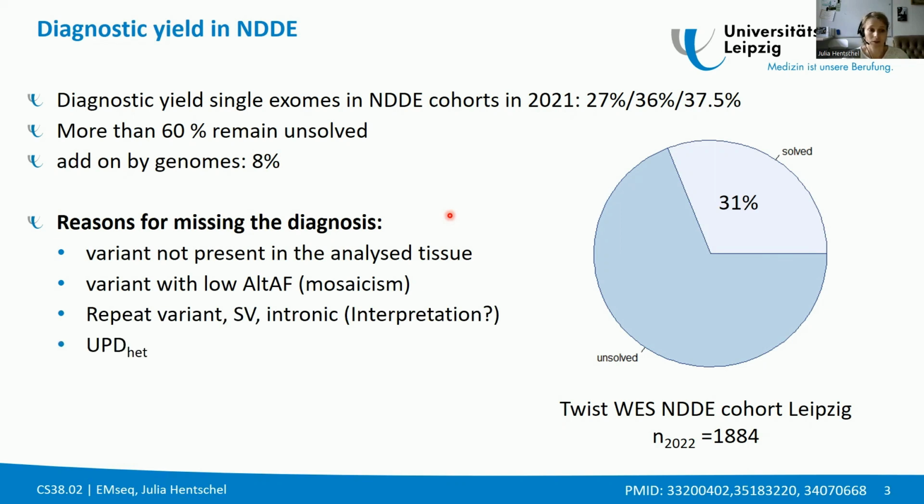It could be a uniparental disomy, which is hard to detect in single exomes. And furthermore, it could be a regulatory change, which would also not be detectable in exome analysis. And we focus today on the regulatory changes.